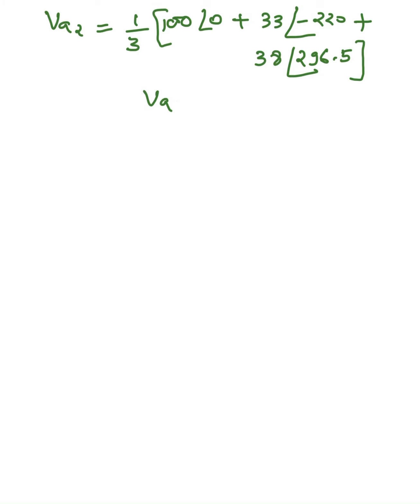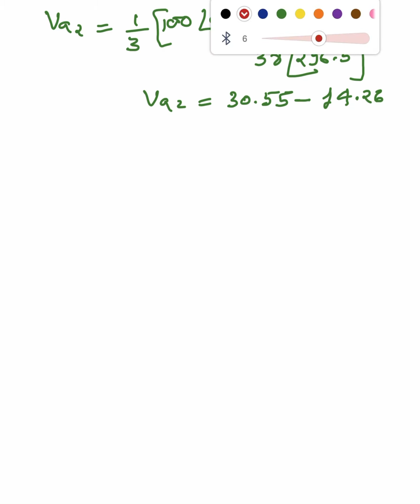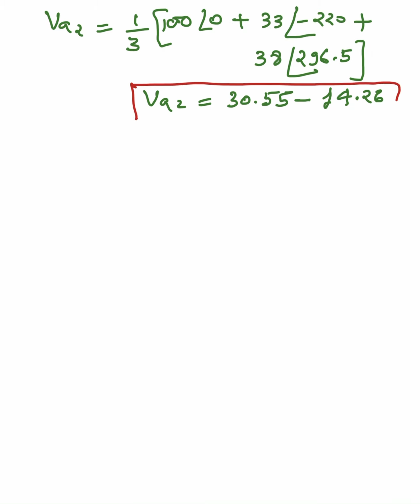So VA2 is 30.55 minus j 4.26. This is the negative sequence component.